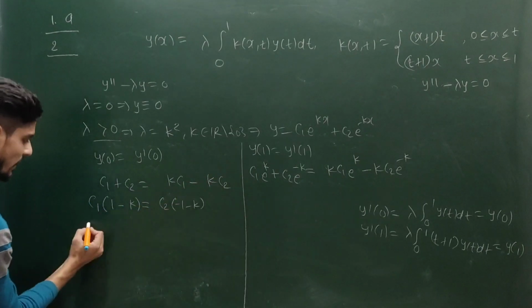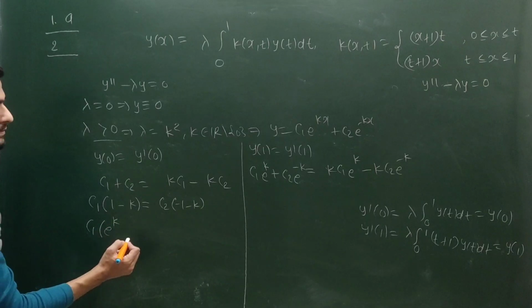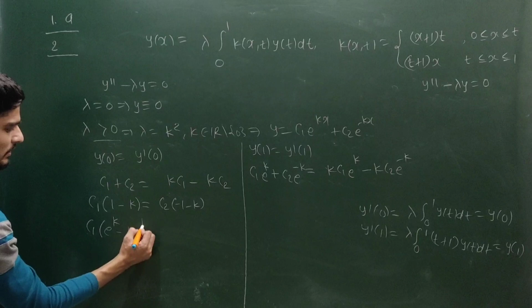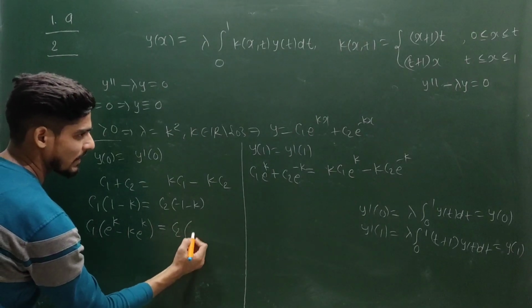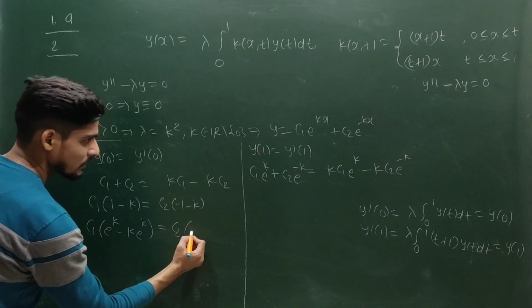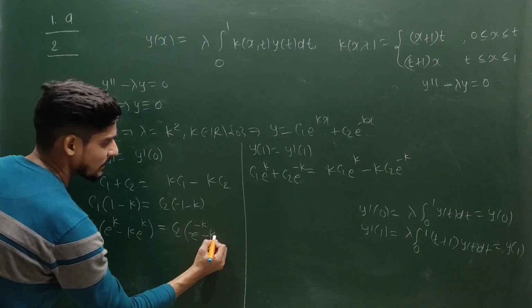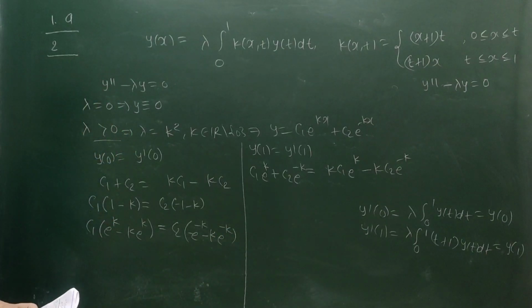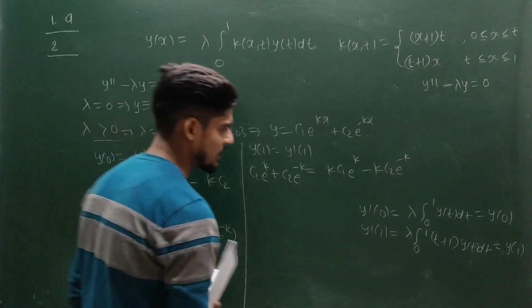And here if you take c1 common out, then I will have e power k minus k times e power k, which is the same as, if you take c2 common out, then I will be having minus e power minus k and minus k times e power minus k. Okay, I can do a more easy version.